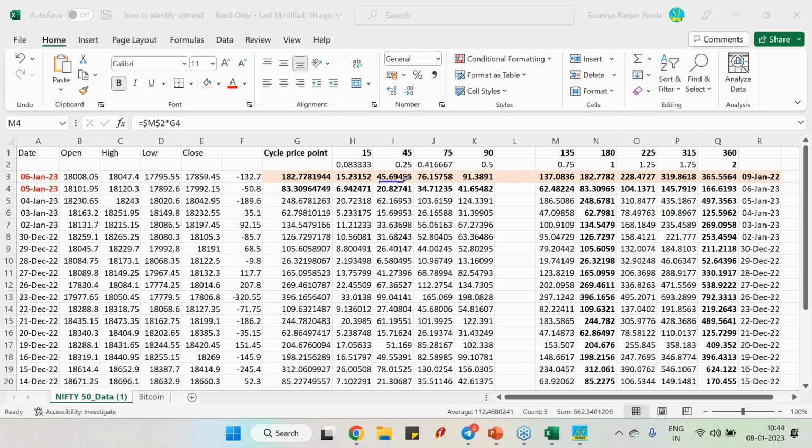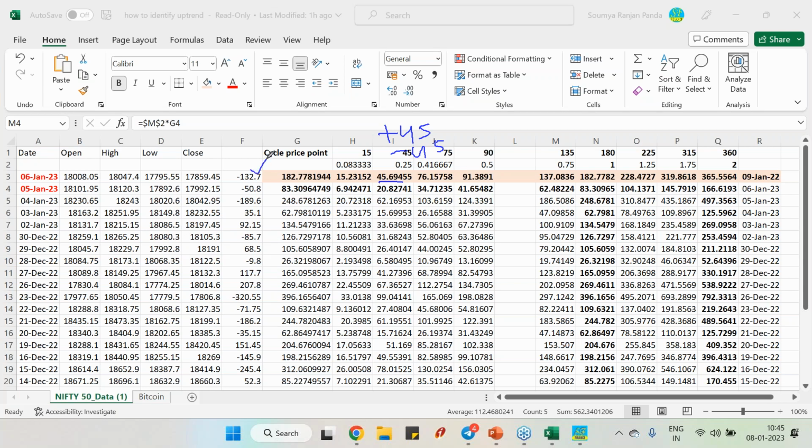45 degree, here to come here. So if the Nifty gives me plus 45 point gain, I can say I am in uptrend, or minus 45 point below, I can say I am in downtrend, 45 degree, because the price action on 6th January is terminated in the major turning points.